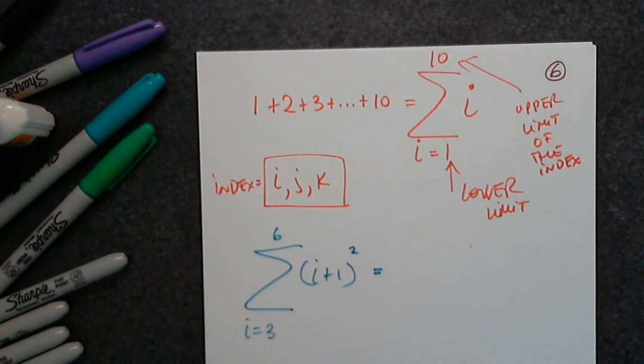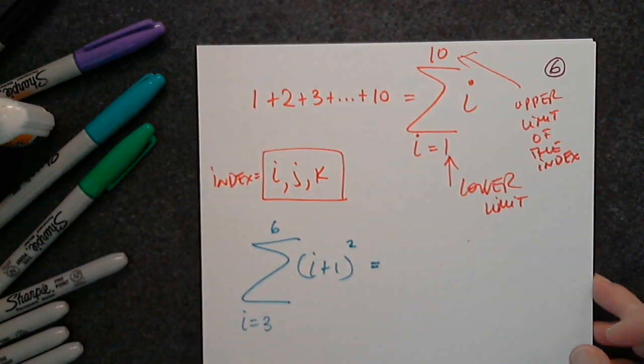First of all, how many terms will this sigma have? You will have a term when I is 3, when I is 4, when I is 5, and when I is 6. 4 terms.